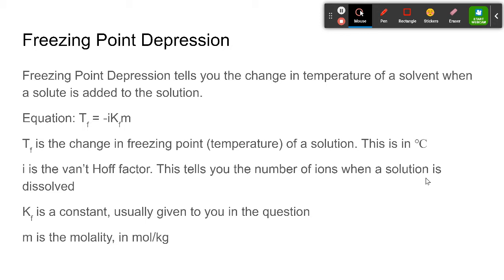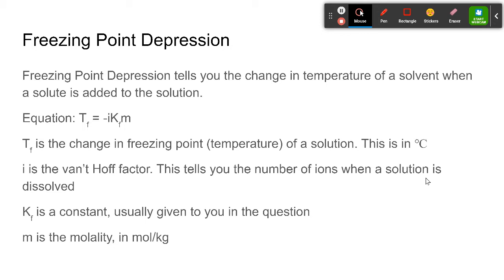It's going to change depending on various chemical factors, and we're just going to solve those. We don't have to get into the deep chemical concepts behind why it occurs, but we're just going to figure out what the new freezing temperature is.